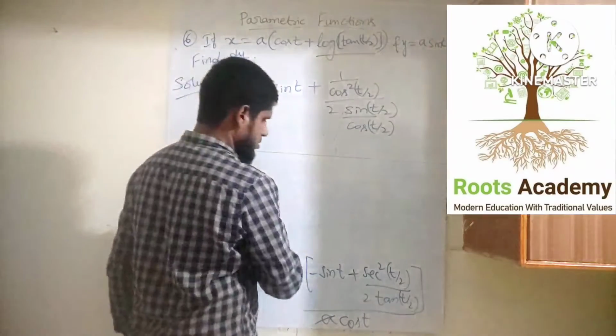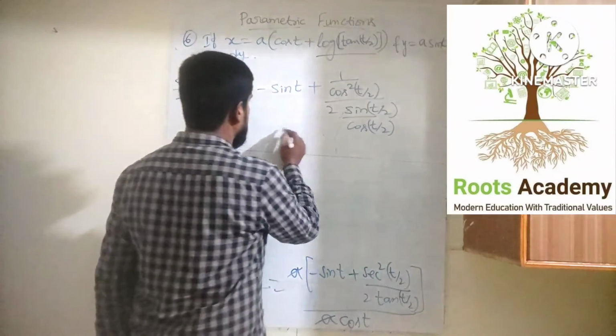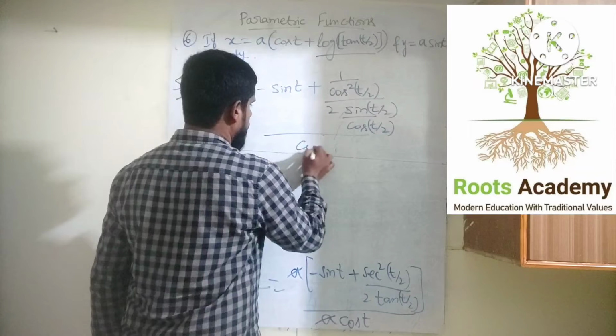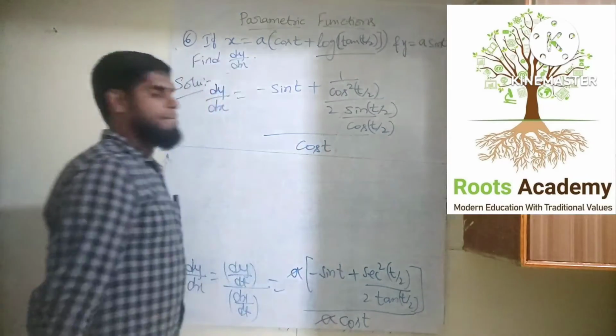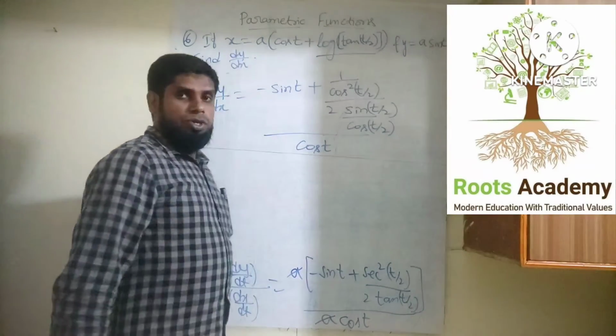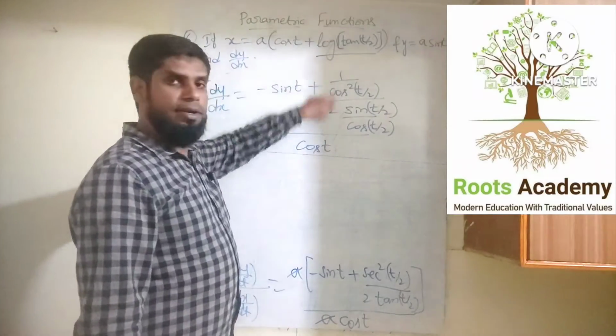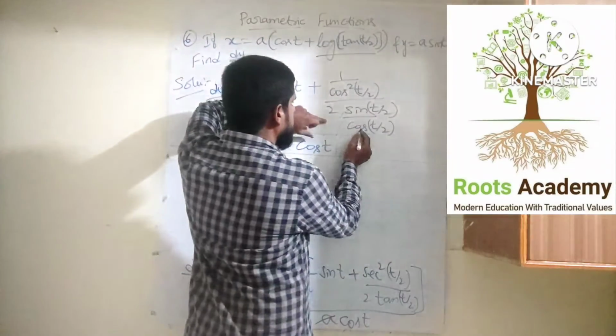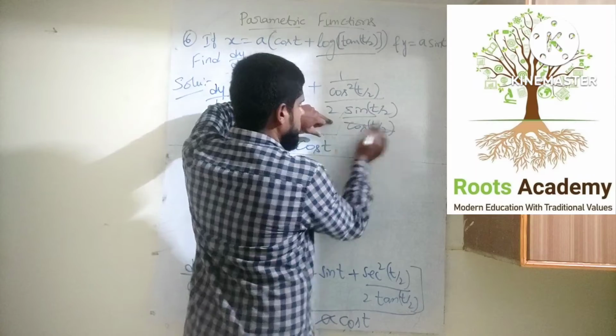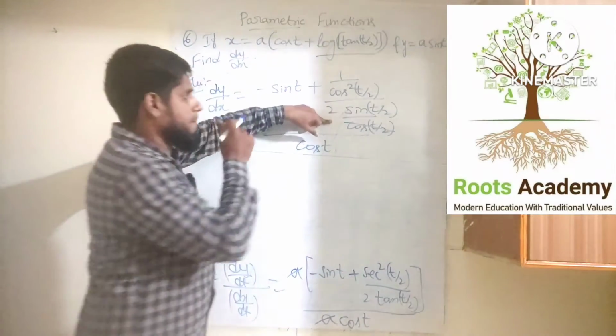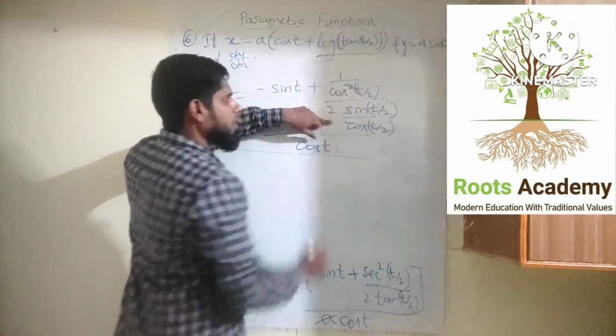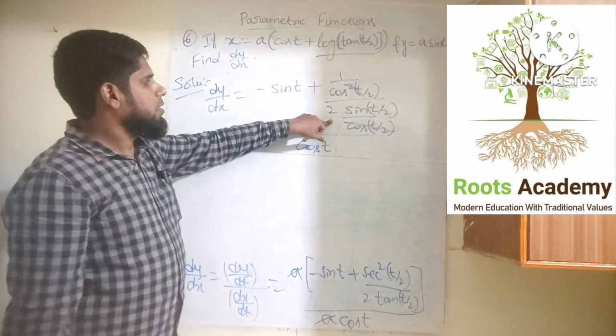Of course, all divided by cos t exists here. So if you focus on this particular term, I can cancel this cos t by 2 and this cos t by 2 one time.